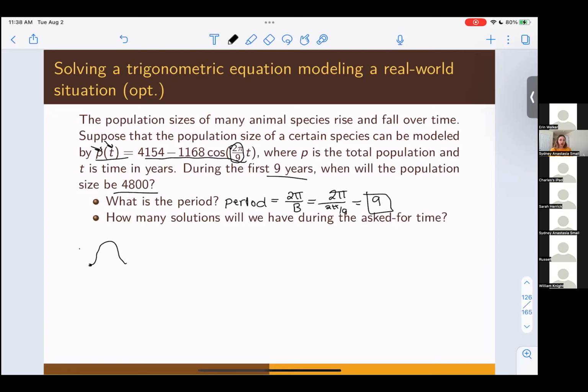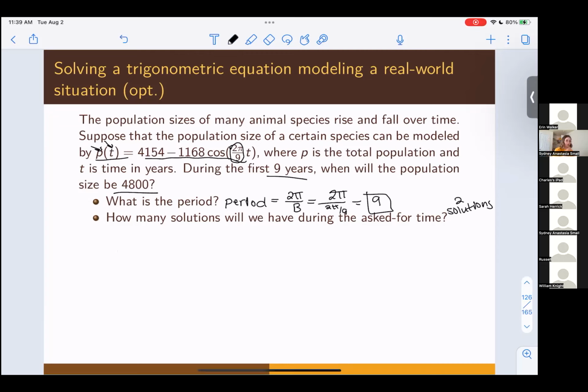We're working with the first 9 years. That's working with the first 0 to 2 pi radians. So we're going to be looking for solutions from 0 to 2 pi radians. Cool. Makes sense. That's what we expected. So that means we're going to have two solutions because we are looking from 0 to 2 pi radians.